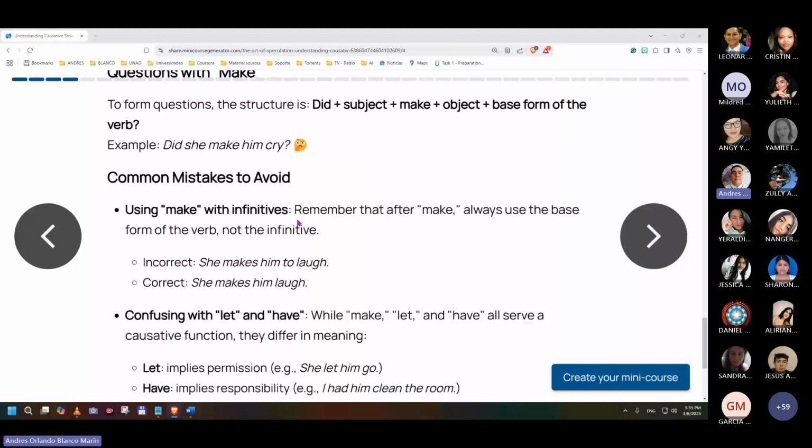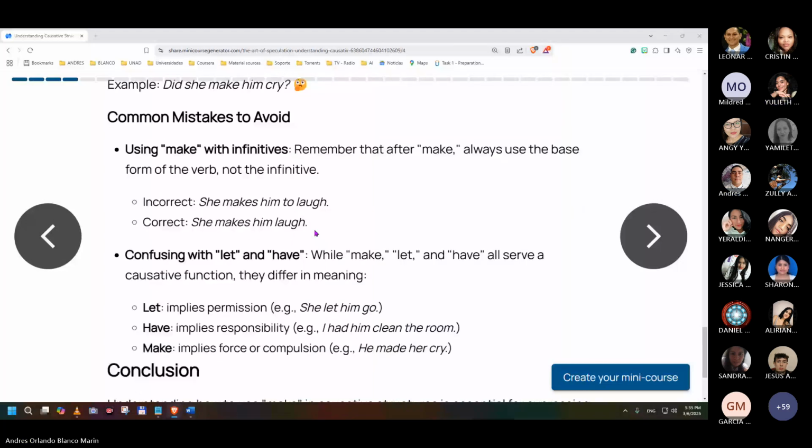Common mistakes. Incorrect: She makes him to laugh. Correct: She makes him laugh.